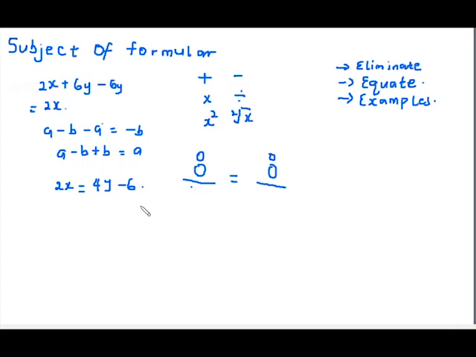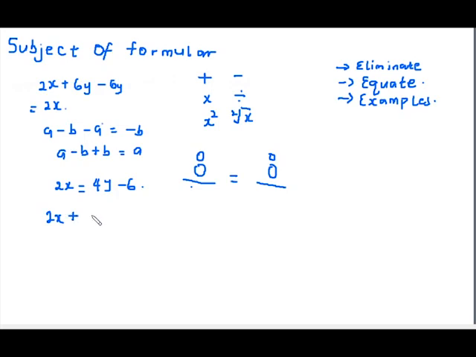So equate simply means that any arithmetic operation you're performing on this side of the equation must also apply to this side of the equation. So if I were to make y the subject of formula, I'd start with 2x. Now, if I were to eliminate the 6 from this side of the equation, I would have to add 6 to this side, and the implication is that I would have to do it here too.